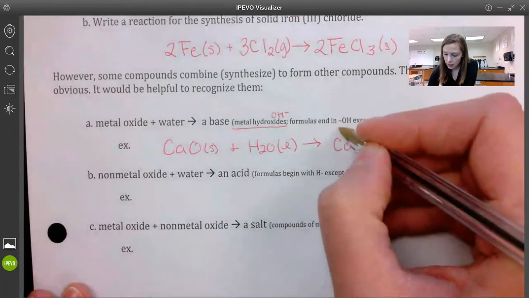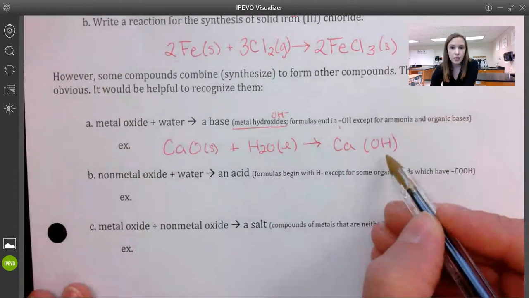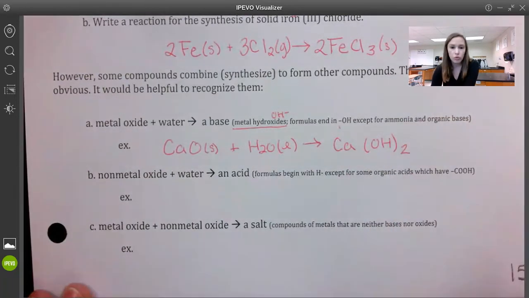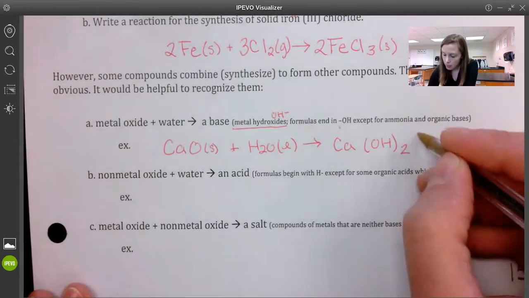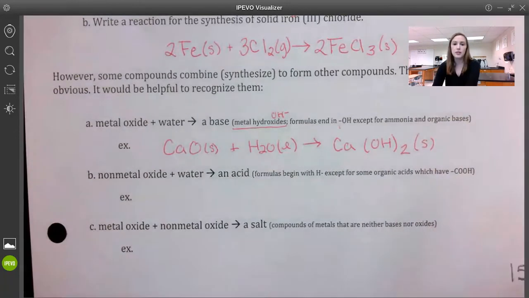Because calcium is +2 and hydroxide is -1, I need 2 of my hydroxides to be balanced. And this is an ionic compound, so we're going to say it is a solid. If I check, everything's balanced out. I have 1 calcium on the reactant and product side, 2 oxygens, and 2 hydrogens. So this is an example of a metal oxide reacting with water to produce a metal hydroxide.